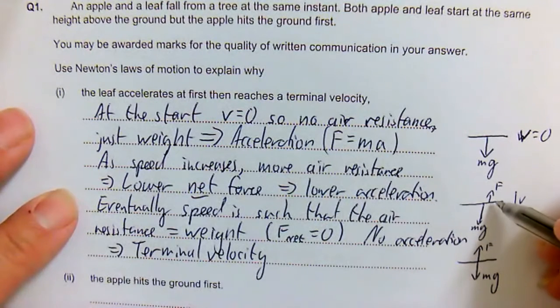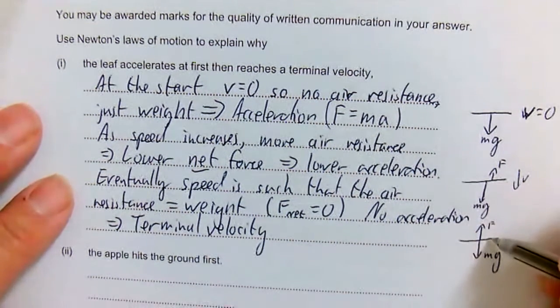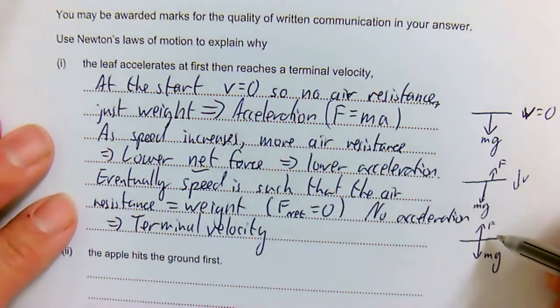And that velocity is therefore going to give rise to an air resistance on the leaf, which is in the opposite direction to the weight of the leaf, which means that there's a lower net force, so the acceleration decreases, and eventually the force of friction of air resistance of the leaf is equal and opposite to the weight of the leaf, which means there's no net force. Now, this is the point at which people often say that the leaf stops falling. Of course, it doesn't stop falling. It just falls with a constant velocity called the terminal velocity.